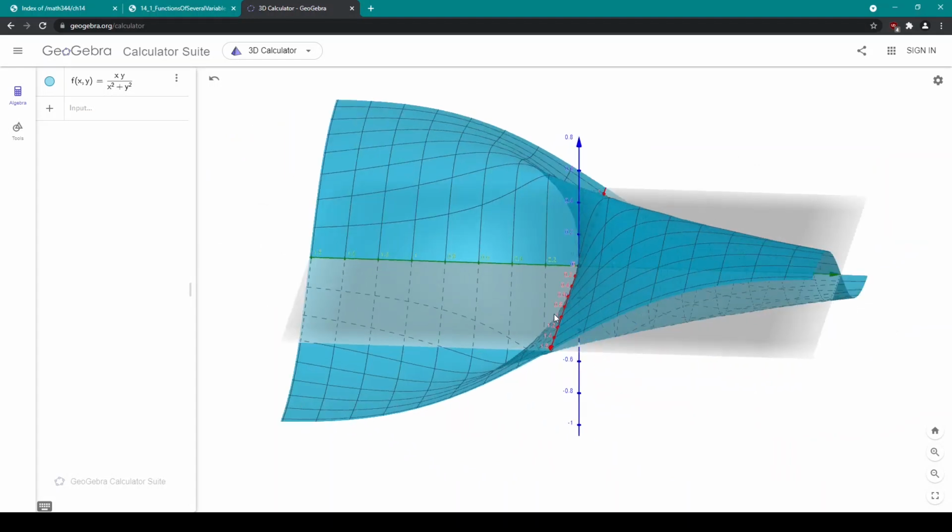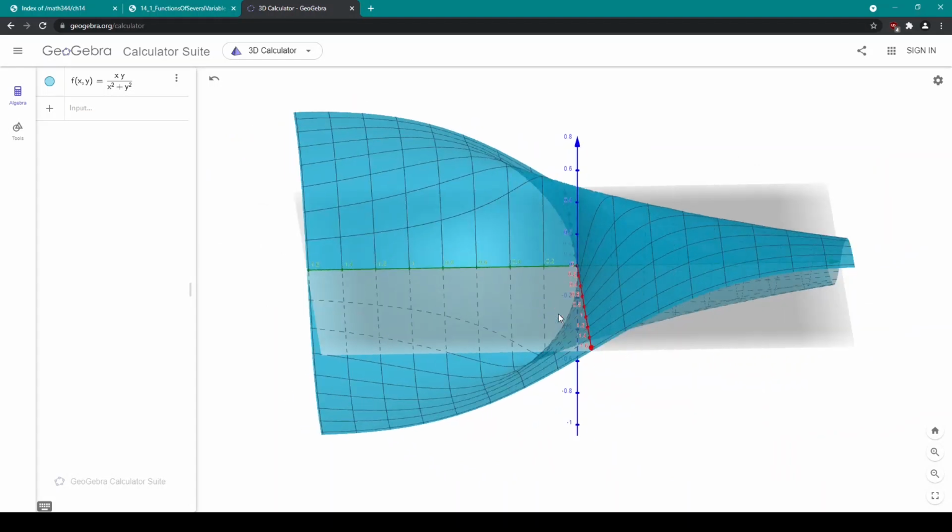But this angle, I think, shows off the folds pretty well. At the top region, you have a crest that you can follow along with here. All right, and we're interested in what the limit of this surface would be as we got close to the origin. So we're looking at what happens as we get close to this point here.